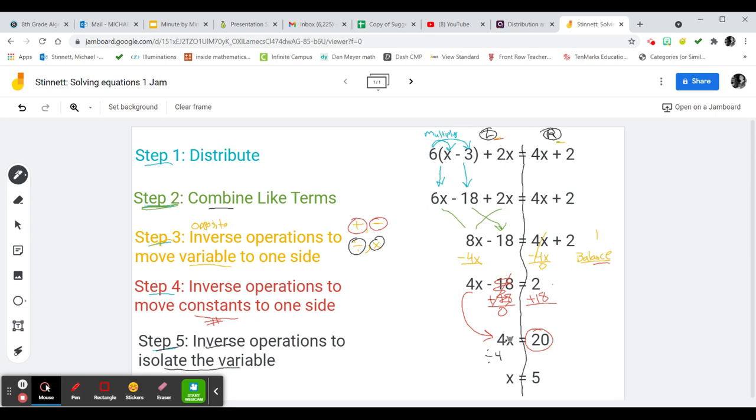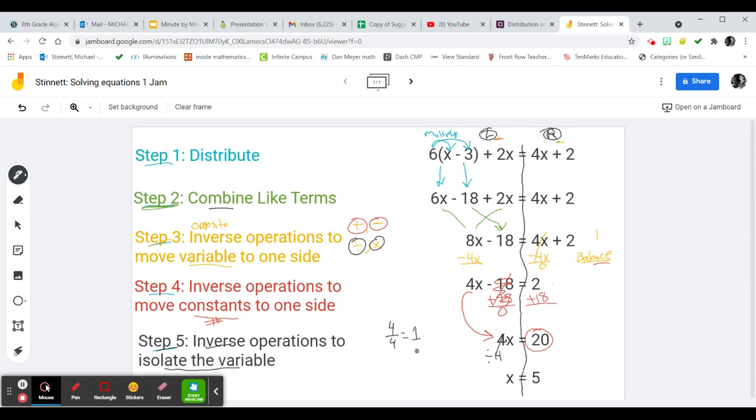Dividing by 4. So 4x divided by 4, what happens here is the 4's cancel. And when I say they cancel, what's happening is 4 divided by 4 equals 1. Okay?